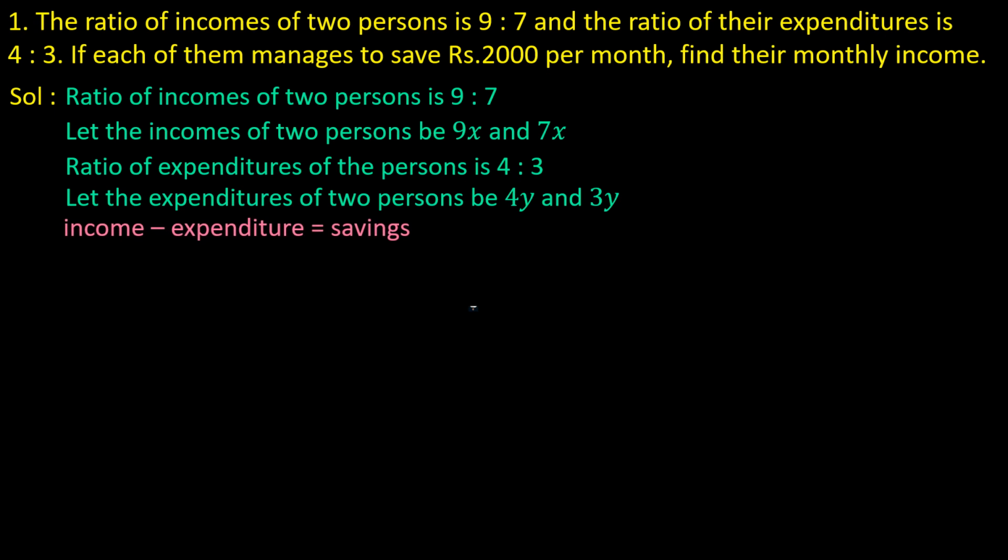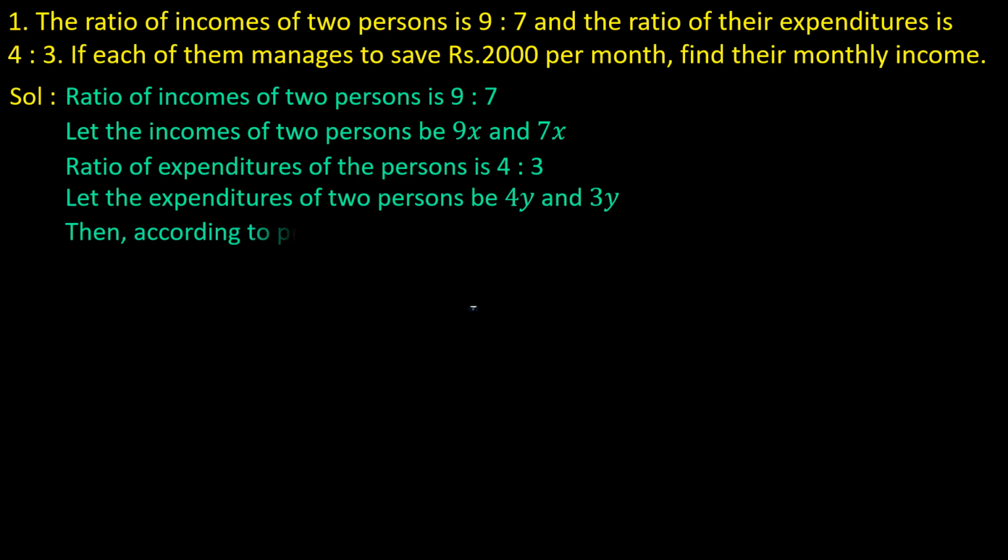And we know that income minus expenditure is equal to savings. That is, 9x minus 4y is the saving, which is equal to 2000 rupees, as well as 7x minus 3y is also equal to 2000 rupees.